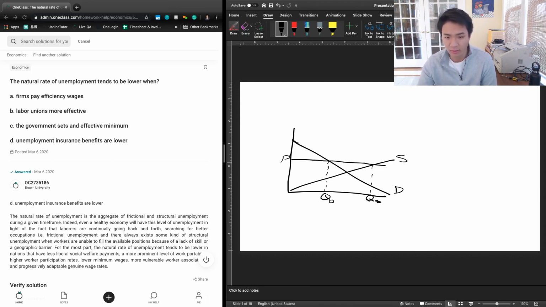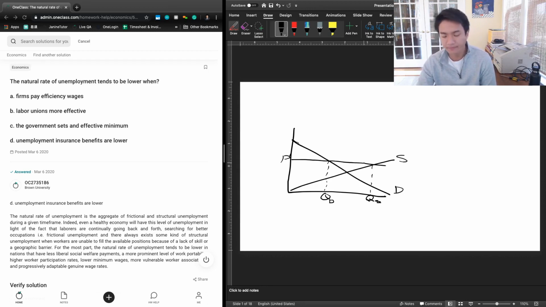And so higher than equilibrium wages means higher price for labor, and that's going to, again, increase our price of labor above the equilibrium level. The stronger and more effective labor unions are, the higher structural unemployment is, and the higher the natural rate of unemployment is. So when B says labor unions are more effective, we know that's not going to be the answer choice, because more effective labor unions, again, are contributing to unemployment, and that's going to raise the natural rate of unemployment.